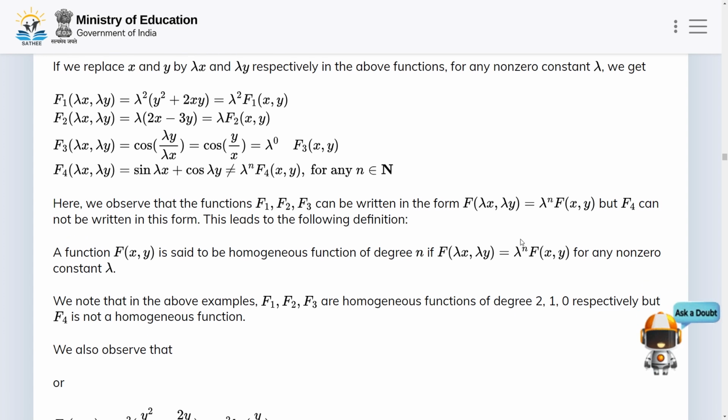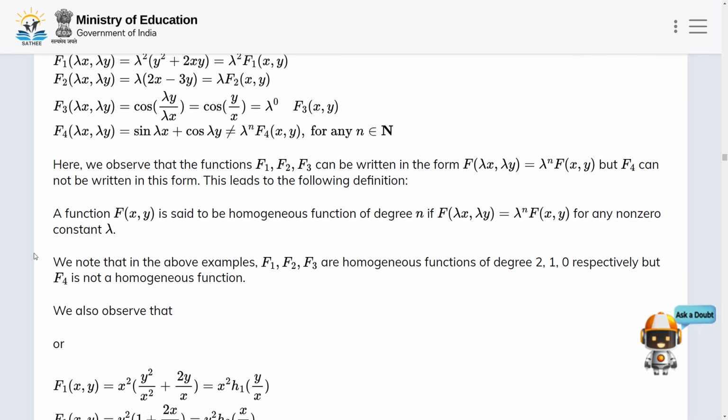This leads to the following definition of homogeneous functions: a function f(x, y) is said to be homogeneous of degree n if F(lambda x, lambda y) is equal to lambda to the power n times f(x, y) for any non-zero constant lambda.